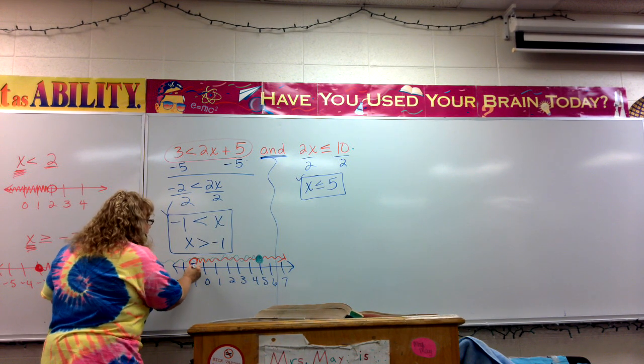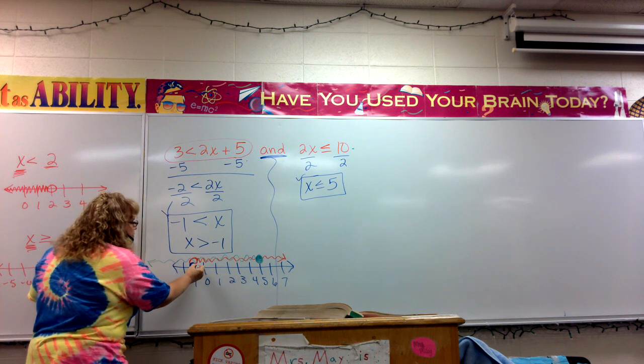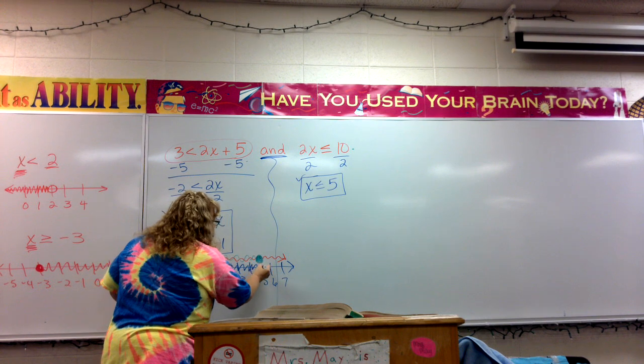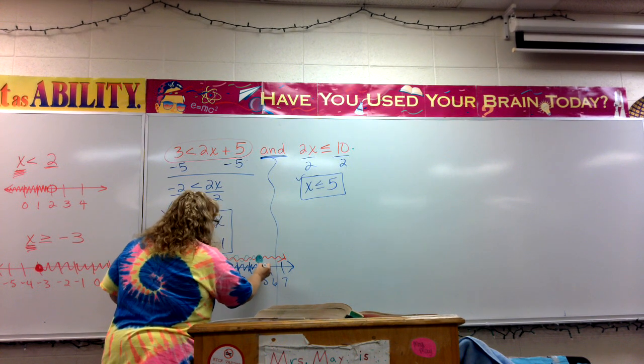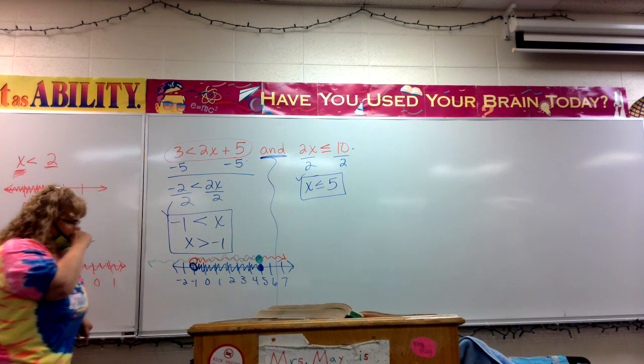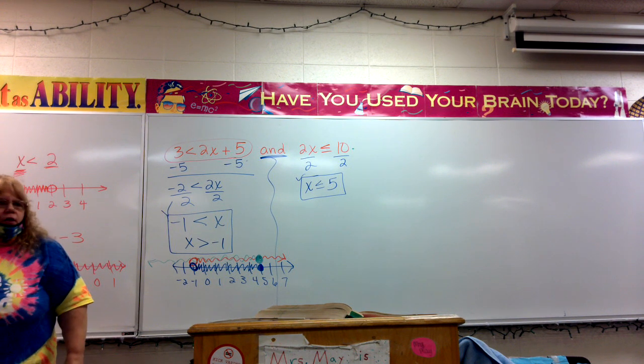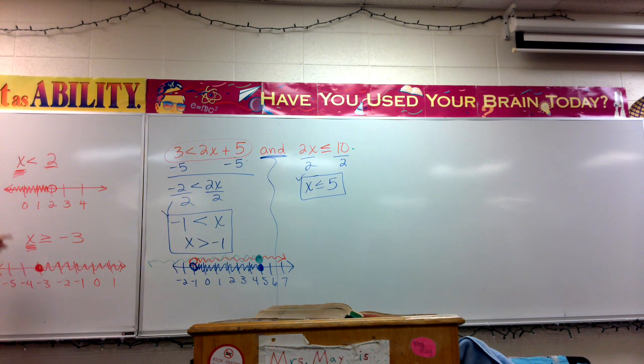Where do they overlap? Starting at -1 and going up to and including 5, because 5 is colored in. So really what we're looking for today is where they overlap. You do one like yesterday, you do another one like yesterday, where they overlap.